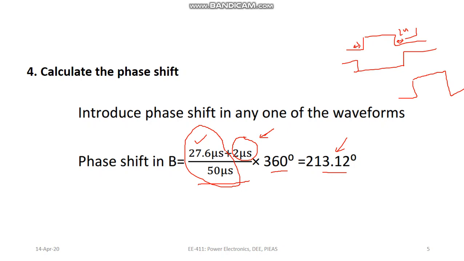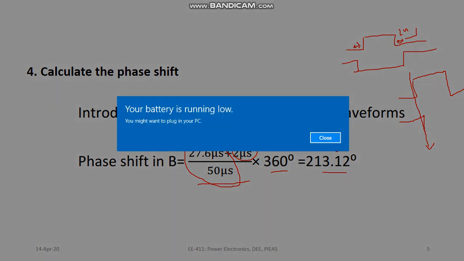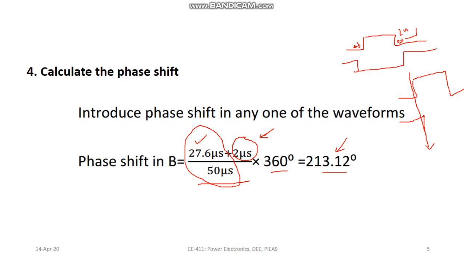For example, on one side there would have been no dead time. For example, see this point. In this, both of these will coincide. The whole of the dead time will be on this one side, and this will be 4 microsecond instead of 2 microsecond.